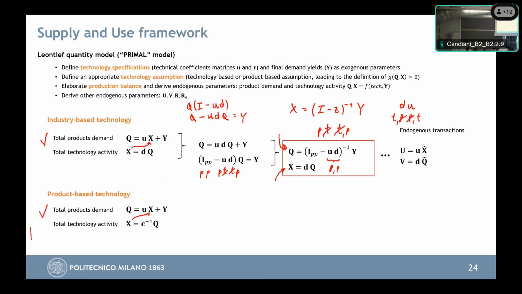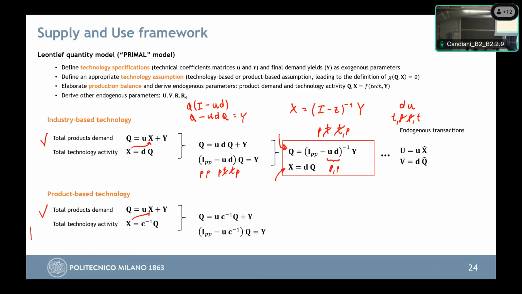The only exception is that instead of considering D, we are considering the inverse of C. So we are assuming another way the system is producing and is reacting to an increased or decreased demand of products.